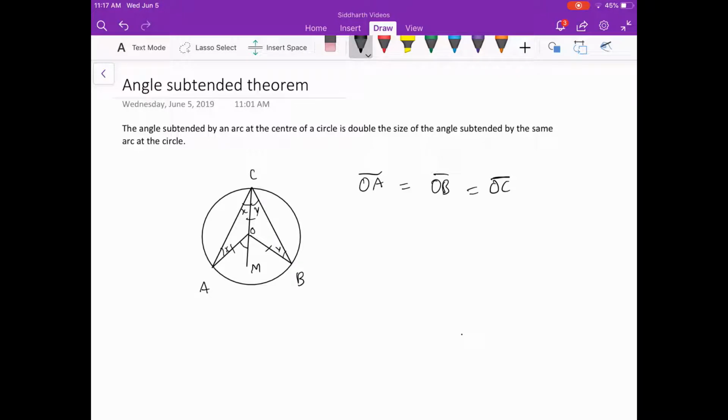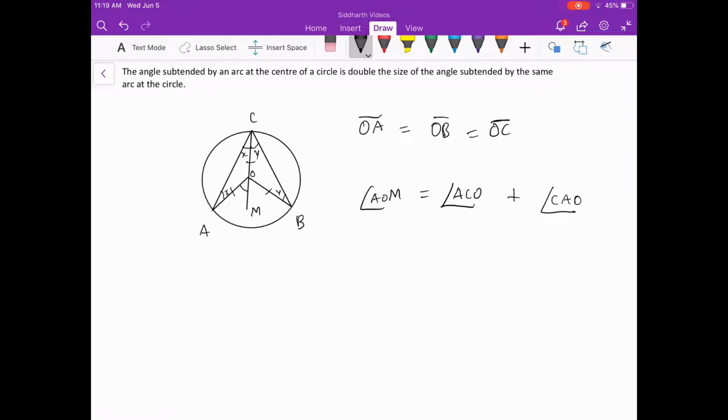Because angle AOM is the exterior angle of the triangle ACO, angle AOM has to be equal to angle ACO plus angle CAO. Because ACO and CAO are both equal to x, we can substitute in this equation to get AOM as 2x.